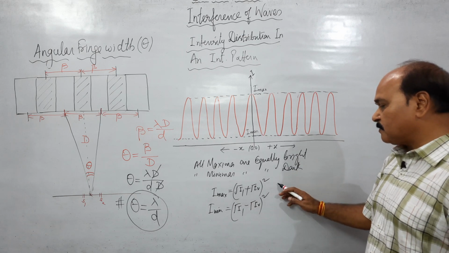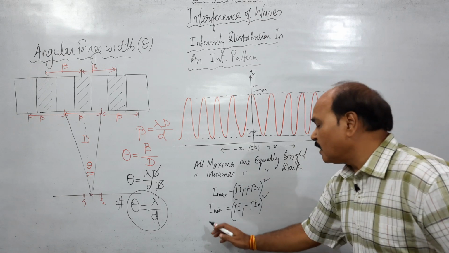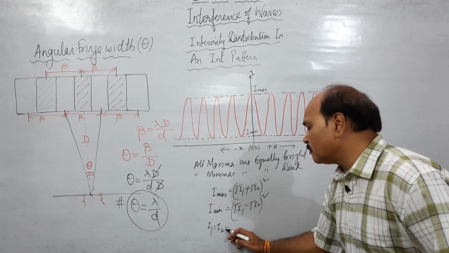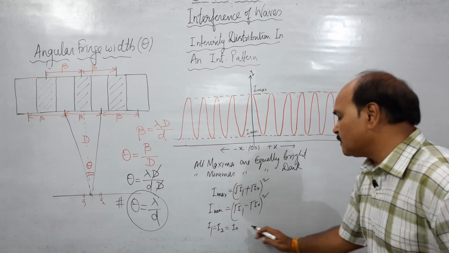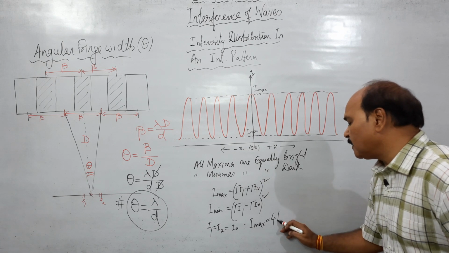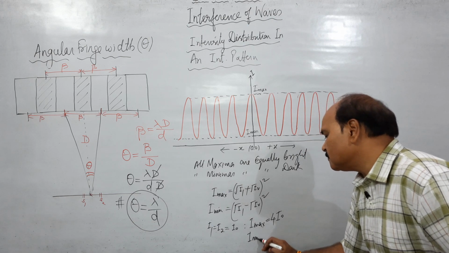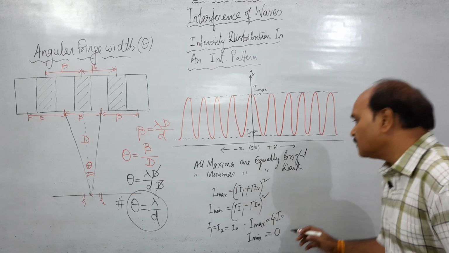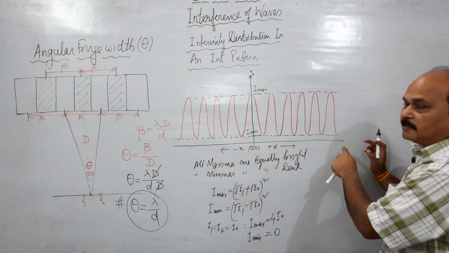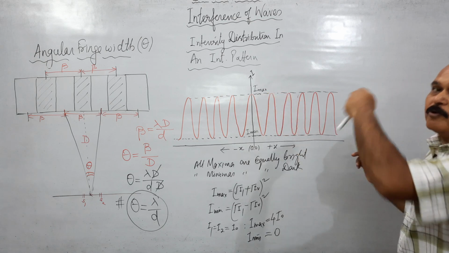Let us say I1 is equal to I2, equal to I0. In that case, I max is going to be 4I0, whereas I minimum is going to be 0. If that be the case, this dotted line will coincide with this line, that is the x-axis, and this I max will be 4I0.